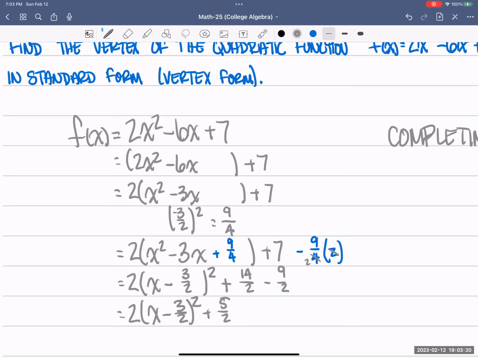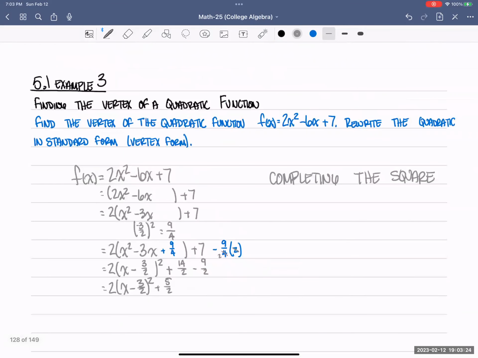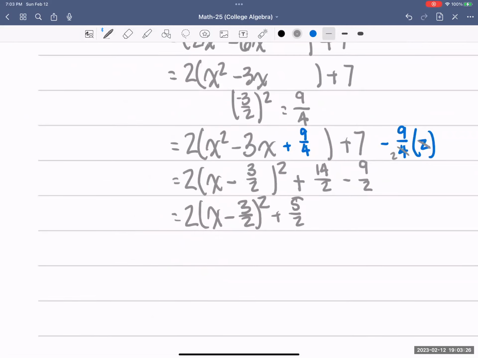And lastly, the very first thing that they asked us to do was find the vertex of the quadratic function. We have it in vertex form, so all we have to do is look at it at this point. Let's rewrite it so that we could see it a little better: x minus 3/2 squared plus 5/2.